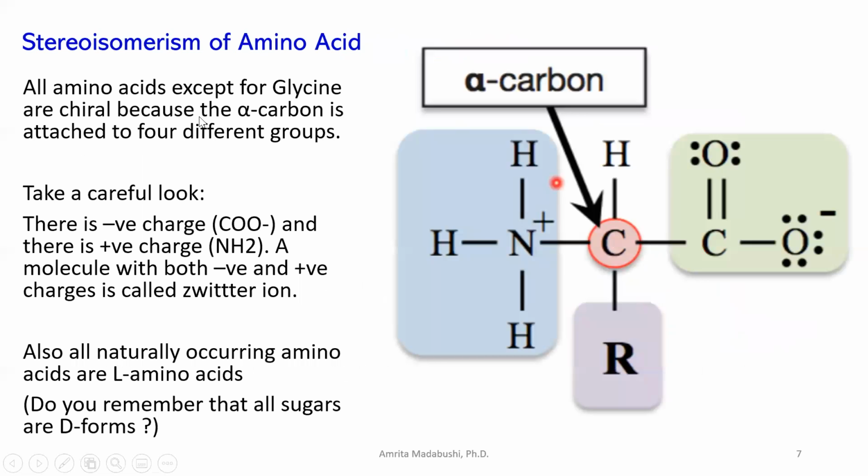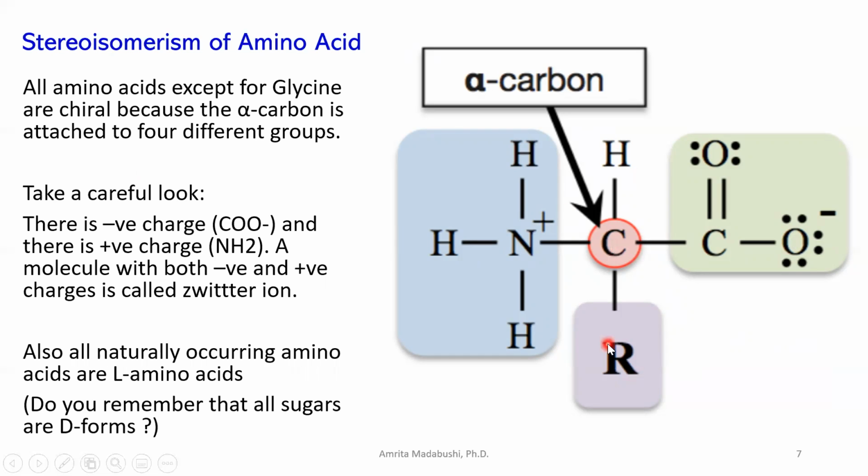All amino acids except for one particular one, glycine, are chiral. Do you remember the definition of chirality by any chance from module 1 or 2, I believe? Non-superimposable, yes, and attached to 4 different groups. If you look here, this carbon, of course, is attached to 2 different groups, but what about the remaining?